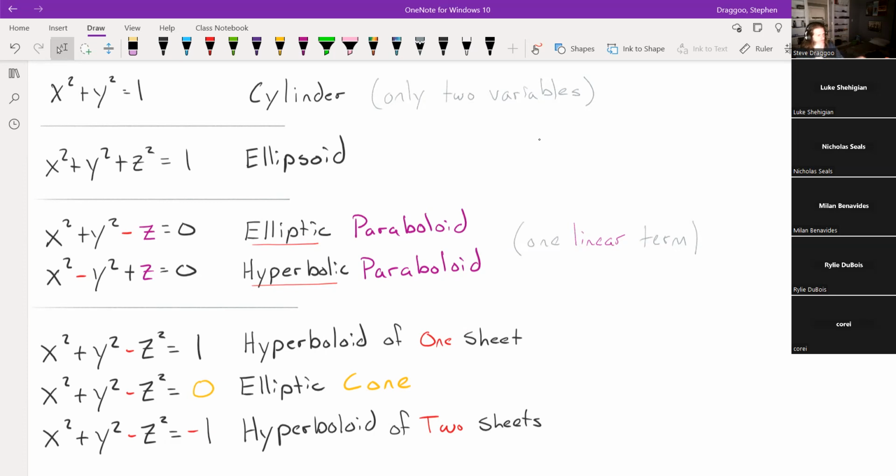And in Calc 3, our cones are going to be both the top and the bottom of the cone, which makes it look sort of like an hourglass. But I digress. So that's a cone. And then you can either increase that number or decrease that number near 0 to create hyperboloids of either 1 or 2 sheets.